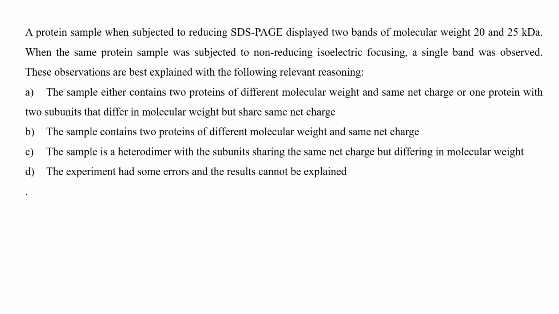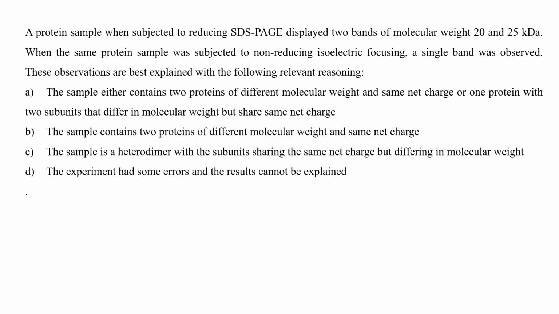The sample either contains two proteins of different molecular weight and same net charge, or one protein with two subunits that differ in molecular weight but share the same net charge. The sample contains two proteins of different molecular weight and same net charge, or the sample is a heterodimer with the subunits sharing the same net charge but differing in molecular weight. The experiment had some error and the results cannot be explained.